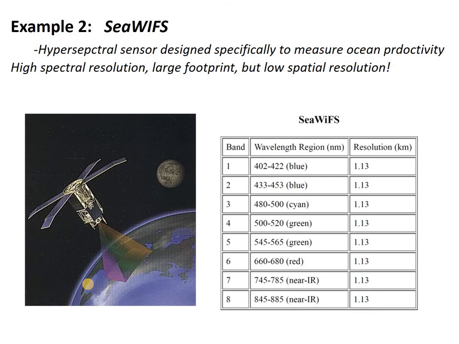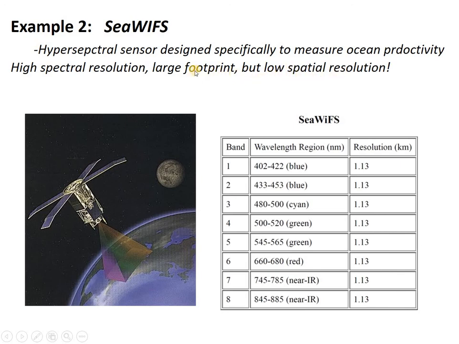A different example is a satellite sensor that's no longer in service, called SeaWiFS. And this was designed specifically to measure ocean productivity, and to do that by measuring the density of chlorophyll. And because the goal was to capture the whole ocean, essentially, they needed a very large footprint, right? And they could tolerate low spatial resolution.